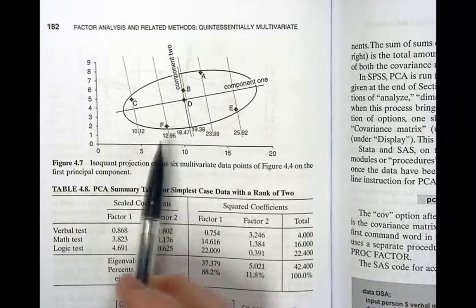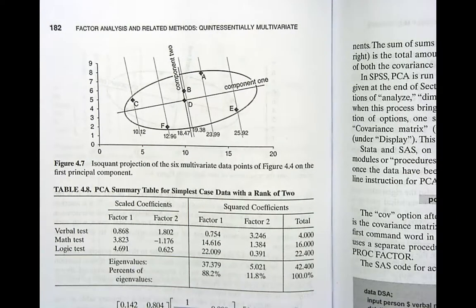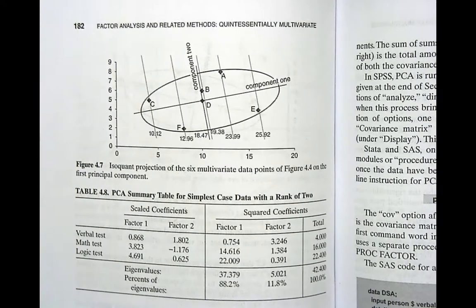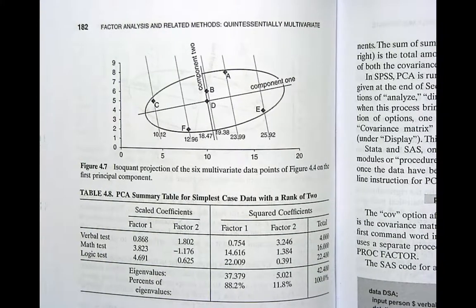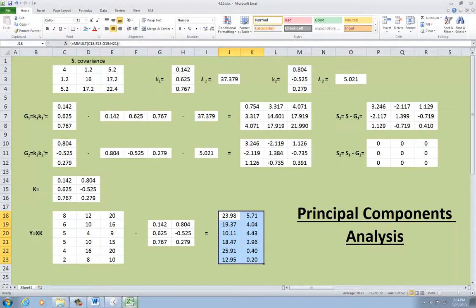Now, let me go to Excel here from the calculations we did on video 4.13. We look here at what we calculated, this little matrix that I've highlighted down here, which are the scores of each of the 6 persons on the 2 principal components.